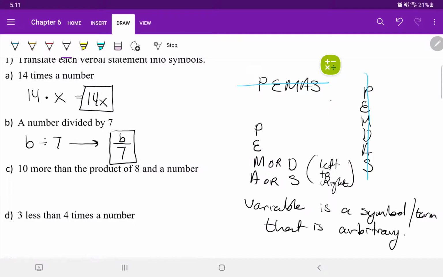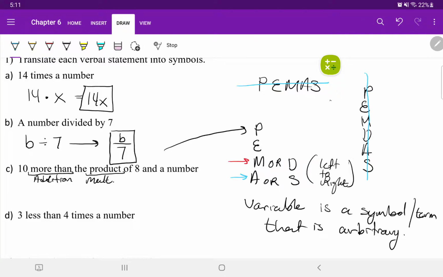The next one says 10 more than the product of 8 and a number. You have two different operations going on here. The words more than represent addition. And product is multiplication. When it comes to that, you must follow the order of operations. Multiplication will come before addition.